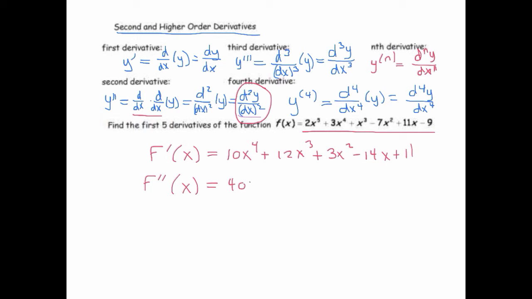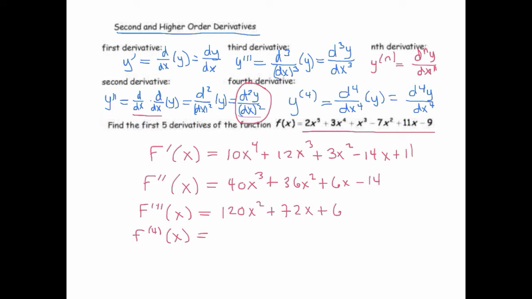That would be 40x cubed plus 36x squared plus 6x minus 14. We can take three derivatives with this notation to get 120x squared plus 72x plus 6. We can take 4 derivatives, and notice I had to change to the notation with the numbers in parentheses, and that would be 240x plus 72.